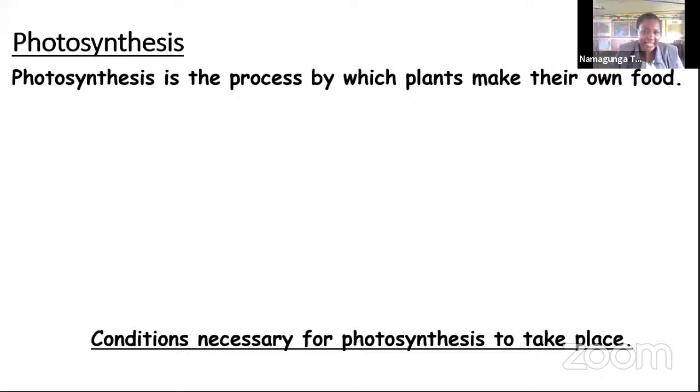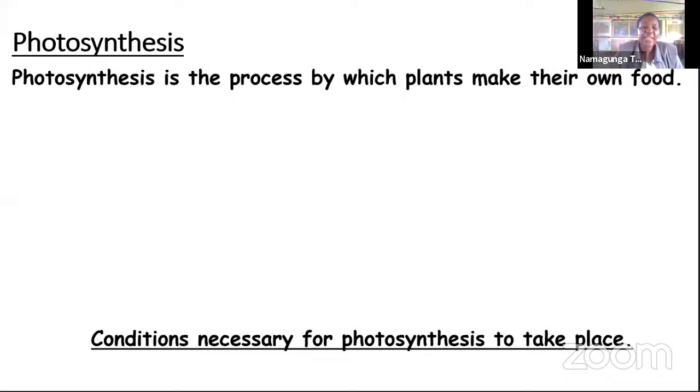Then that sunlight gives the leaves energy to make food. So there are 2 conditions necessary for photosynthesis to take place.